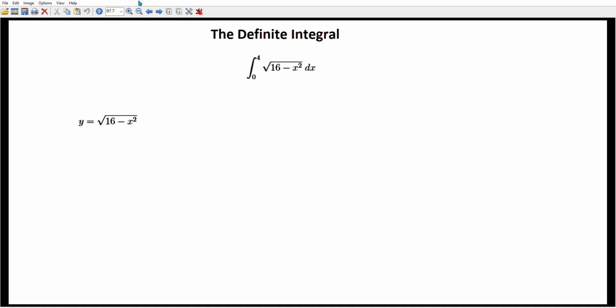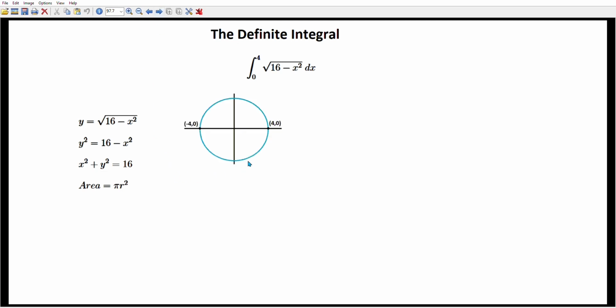Now if we look at this curve and square both sides, we can see that y squared is 16 minus x squared, and that gives us x squared plus y squared equals 16, which we recognize as a circle of radius 4, as 4 squared is 16. The area of such a circle is going to be pi r squared, so you might think that the answer is actually pi times 4 squared, or 16 pi, but we need to look a little more carefully.